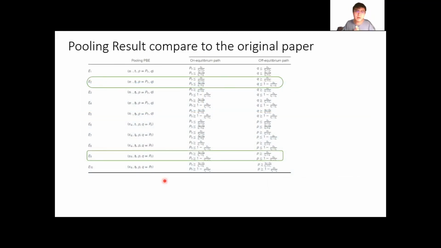So let's compare the pooling results to the original paper. As you can see here, the original paper actually proposed 10 different equilibriums from pooling strategies, but we're only having 2. And it is actually a very interesting takeaway. Even with a small increment on the camouflage cost, the choices of the equilibrium for the system can shrink substantially.